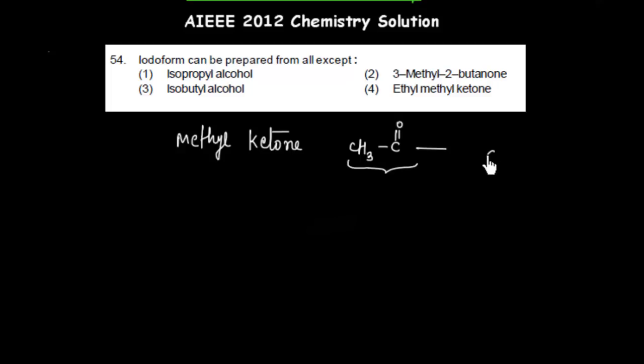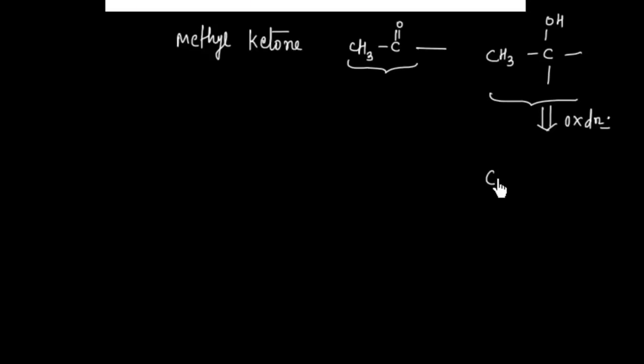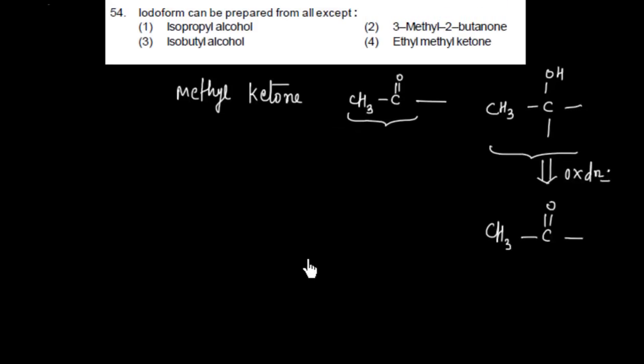In some cases, even if you have CH3CHOH, it will also form iodoform. This group first gets oxidized and after oxidation it forms methyl ketone. So this also gives iodoform test.